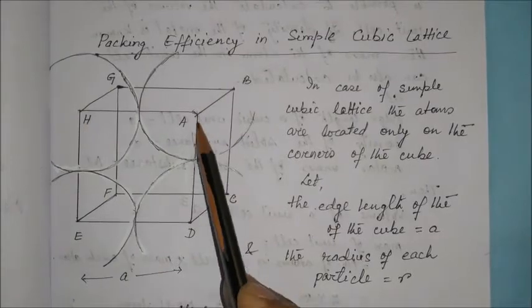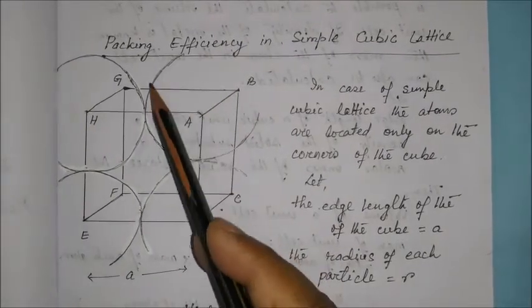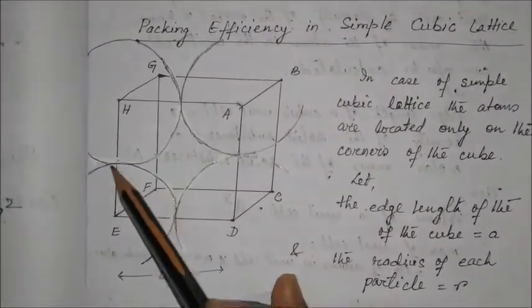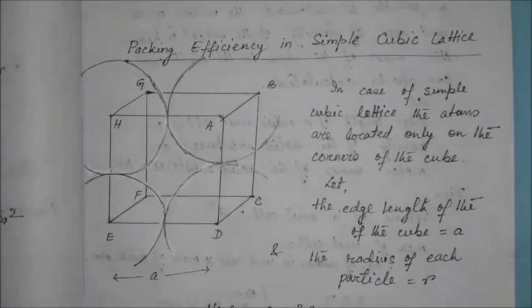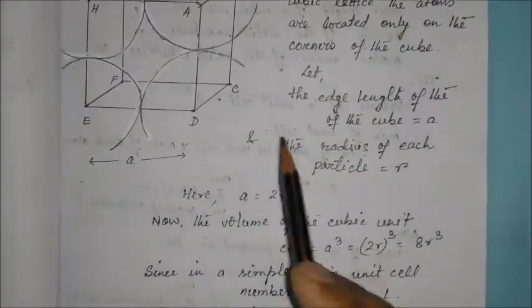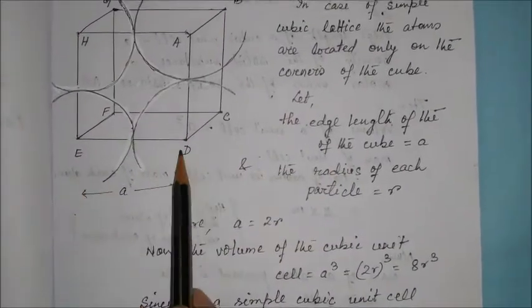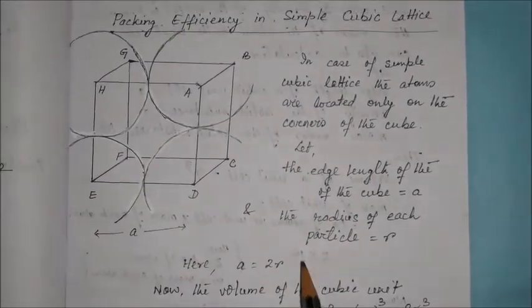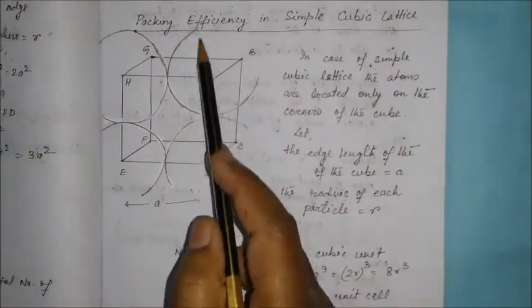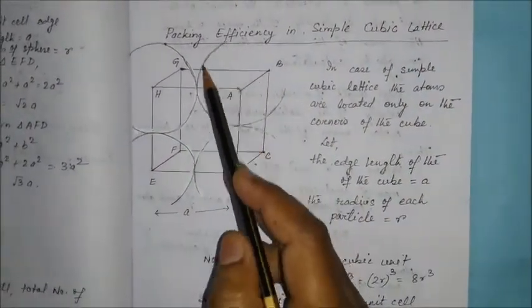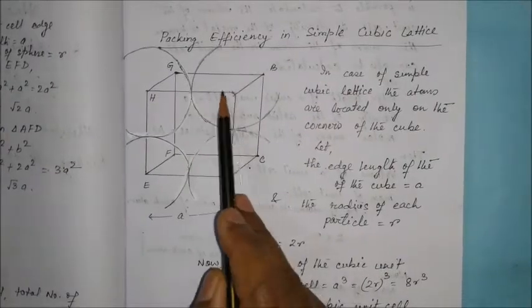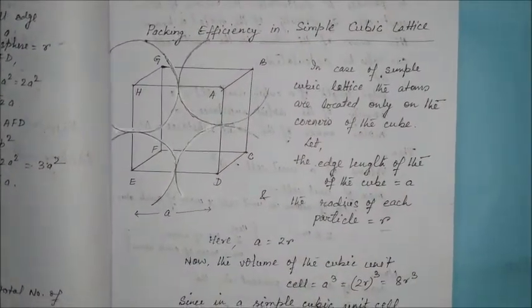For this face I have shown these 4 atoms. Let the edge length of the cube be a, and the radius of each particle be r.